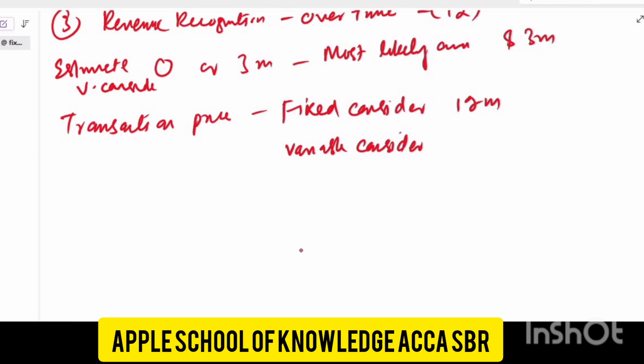Because it is highly probable. So this will be the 3 million because it's highly probable, based on past experience. And the total transaction price will be 15 million.